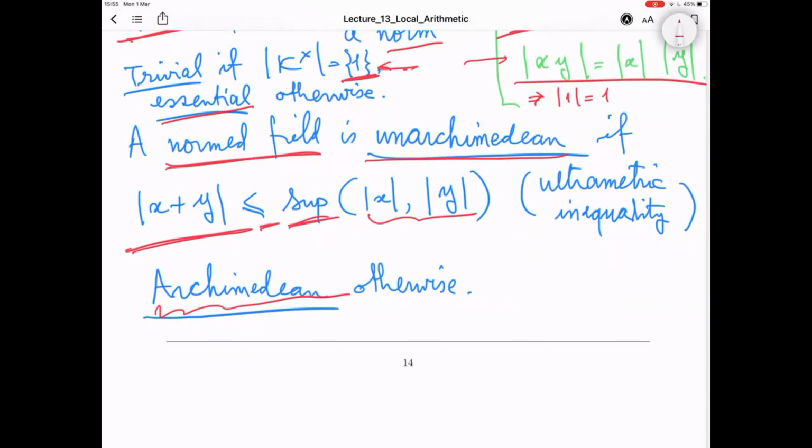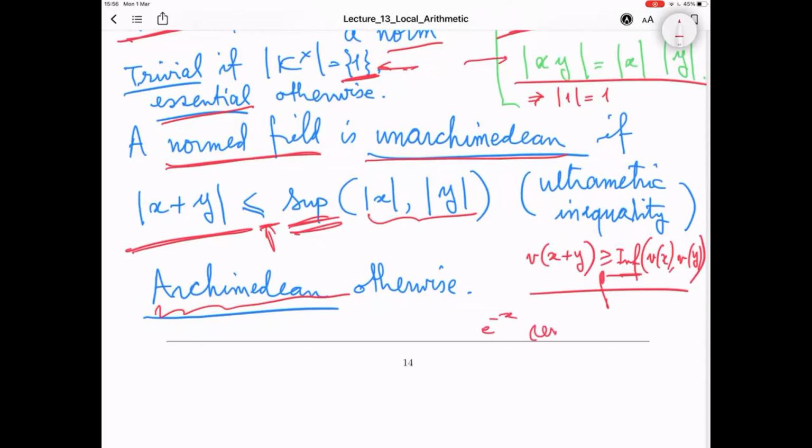So this is somehow reminiscent of v of x plus y being greater than inf of v of x, v of y. It reminds you of this, right? Except that the order has been reversed. So here it was greater than, here it's less than, and here it's inf, and here it's sup. But that's exactly what's going on, because this e to the minus x reverses the order.